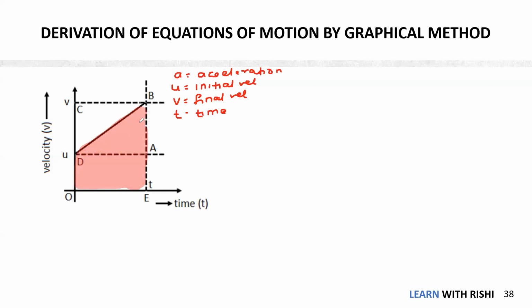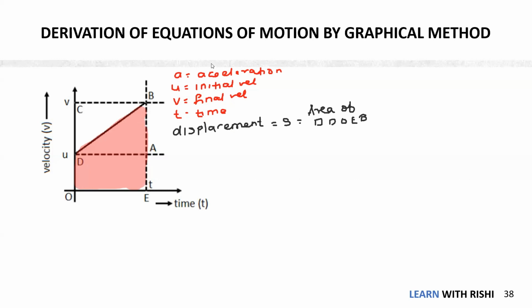Now you can see that for displacement, which is denoted by S, it is equal to the area of quadrangle DOEB.